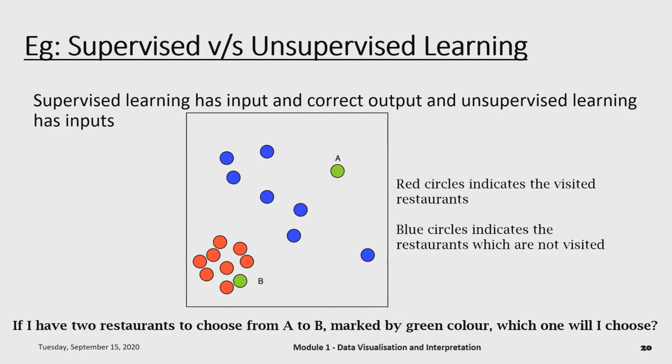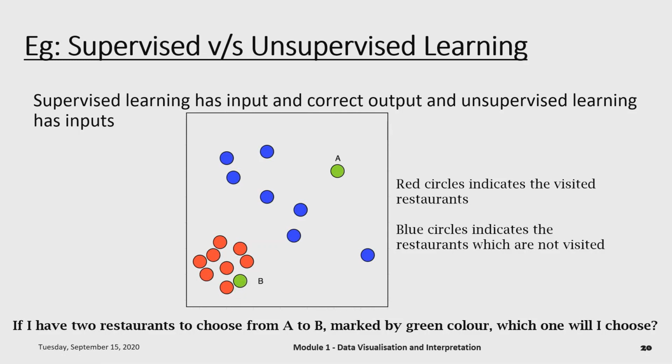So if I have two restaurants to choose from, A and B, right, I want to choose a restaurant amongst A and B marked by green colors in this image, right? So my question is, which one will I choose? Either I will choose restaurant A or I will choose restaurant B, right?